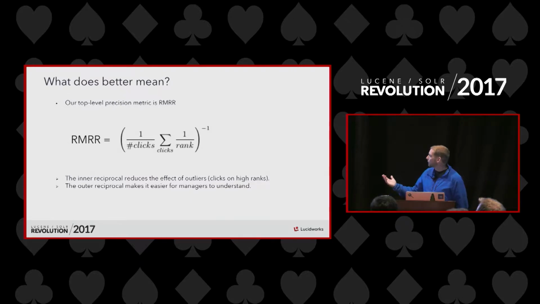An RMRR of 1 means that everybody's clicking on the first document. An RMRR of 2 means everybody's clicking on the second document. The reciprocals just kind of take care of outliers. Okay, so the ranks that people click at, that's the main objective metric that we want to optimize.